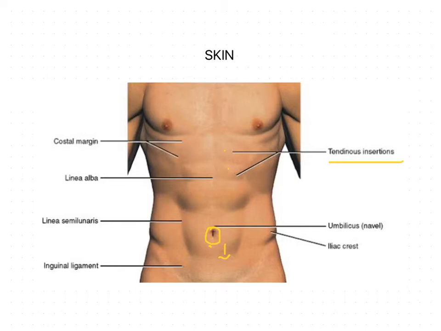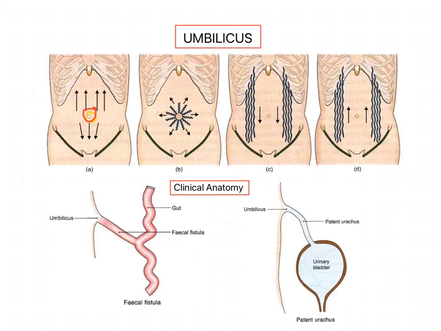So above this umbilicus, the flow of lymph and venous blood is different from the flow of lymph and venous blood below this plane of umbilicus. So now we are going to see how the flow can be seen here.